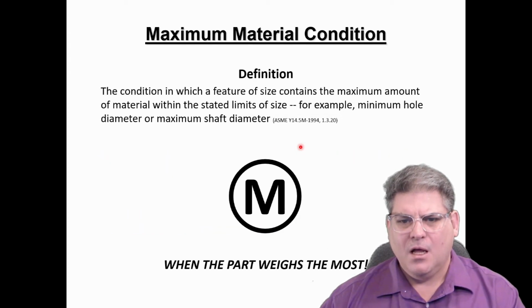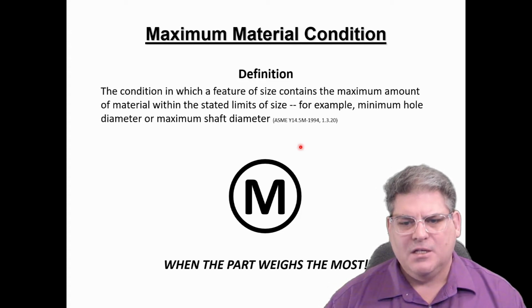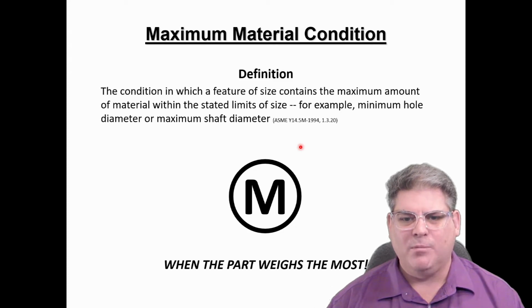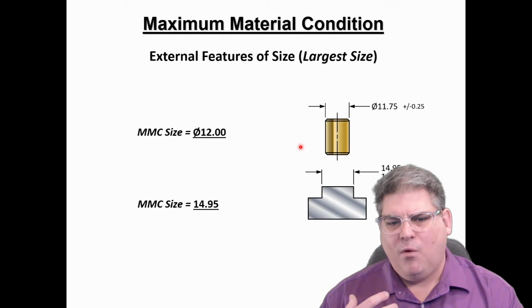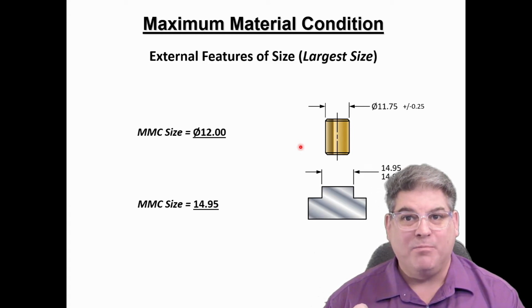Okay, so maximum material condition. This becomes a little bit of a mind trap for people. So what is maximum material condition? For a pin, maximum material condition is fairly easy. You can imagine it's when it's its biggest.